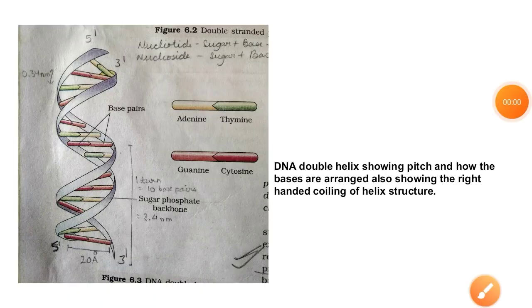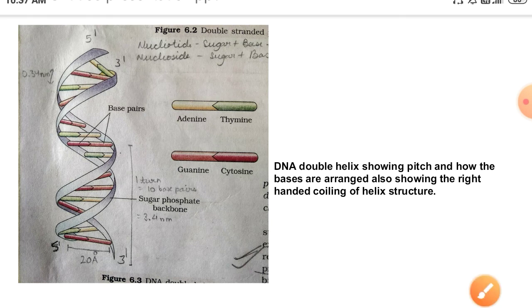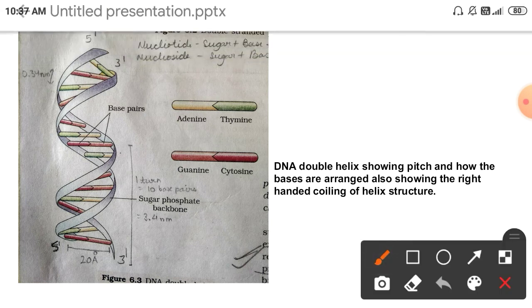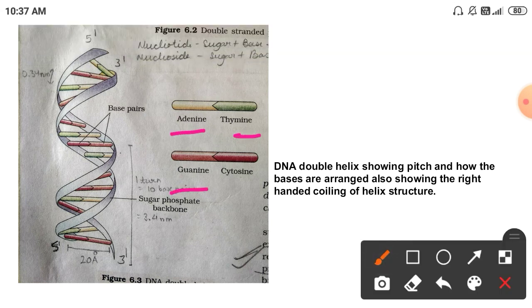Now here you can see the double helix model showing the pitch and how the bases are arranged, and also showing the right-handed coiling of the helix structure. As you can see here, adenine is facing thymine and guanine is facing cytosine, so that a purine is always in front of a pyrimidine, maintaining a uniform distance throughout the double helix structure.